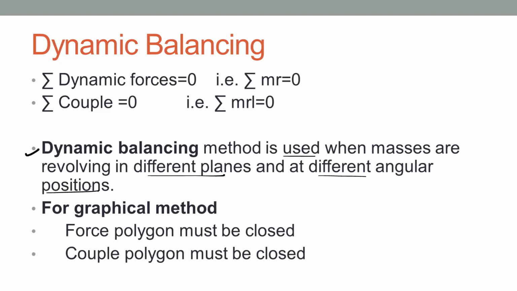For any type of balancing, whether static or dynamic, we have two methods to deal with the problem. One is graphical and the second is the analytical method. Most of the time we will use the graphical approach. In the graphical approach, we will draw the force polygon if you want to balance the forces, and the couple polygon if you want to balance the moment.